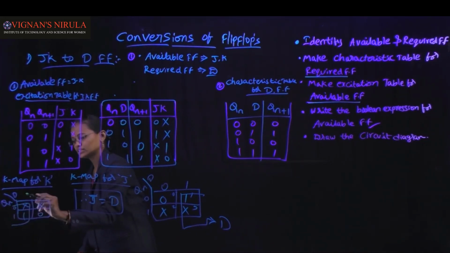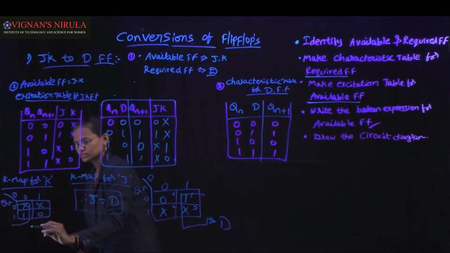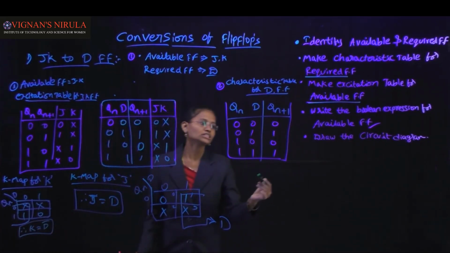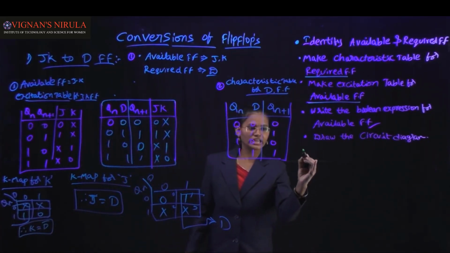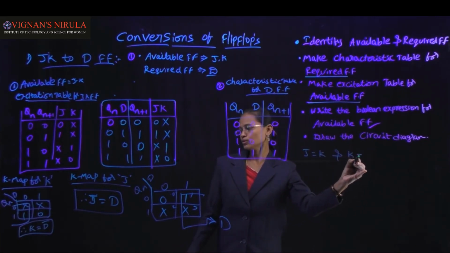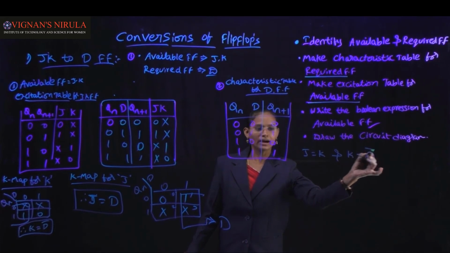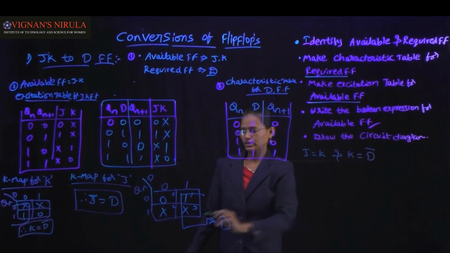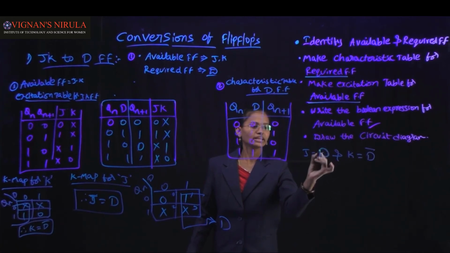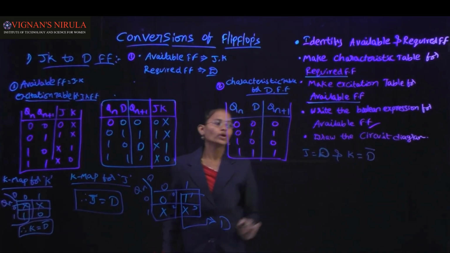In that K equal to D bar. Okay. And write down the equations. J equal to D and K equal to D bar.